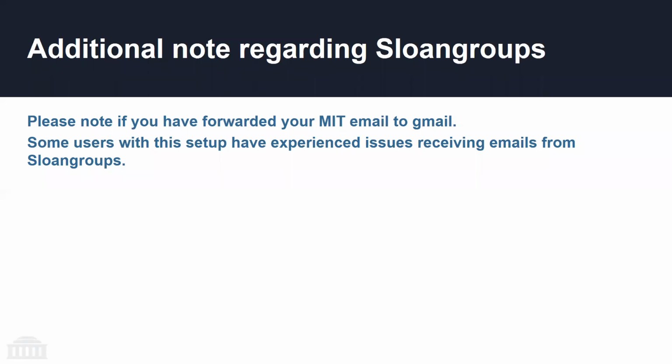We're not sure exactly why. So the folks that use Sloan Groups will always promote you to use Outlook natively, and help you get that. So just a little caveat on that. But again, Sloan Groups is similar to Canvas, where it's pervasive throughout Sloan. It's very hard not to be exposed to that.